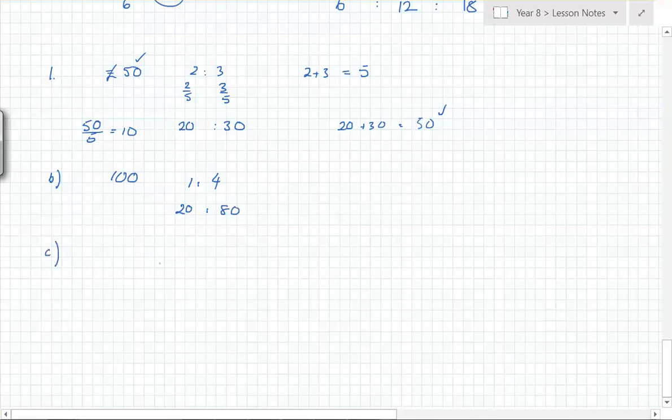C, we've got £60 in the ratio 11:4. So 11 plus 4 makes 15. So 60 divided by 15 is 4. So 4 times 11 is 44 and 16.